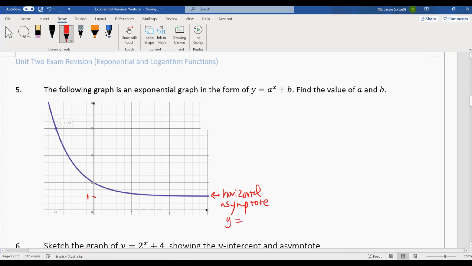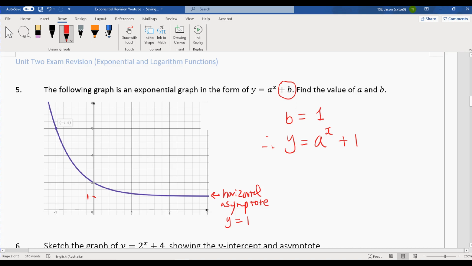So y equals 1. And we know that this value b is the position of the horizontal asymptote. So let's just say b equals 1. So our graph becomes y equals a to the power x plus 1. You still need to find a.